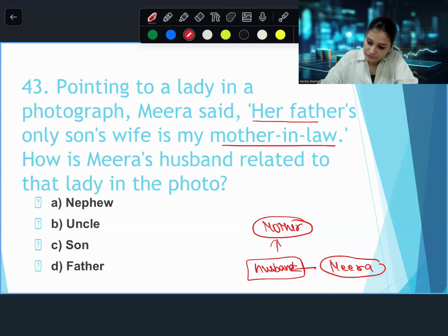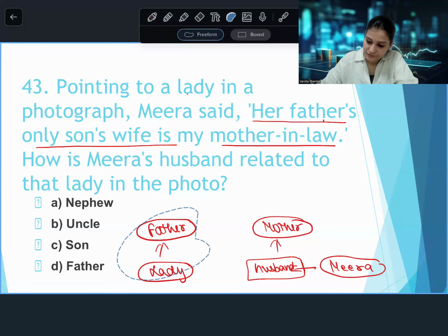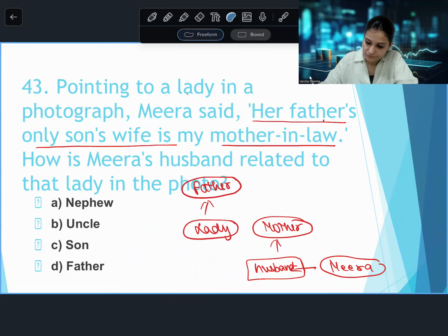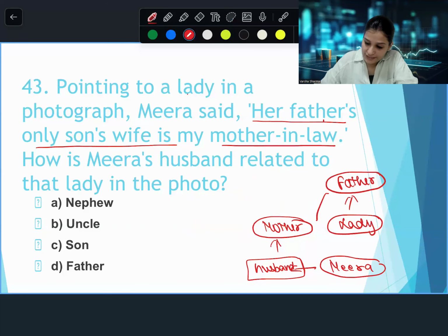Now, her father's only son's wife. That means that lady's father's only son's wife is my mother-in-law.